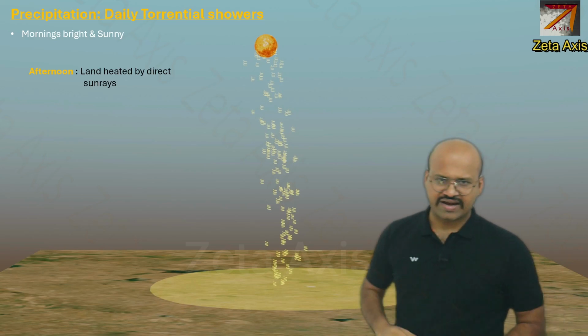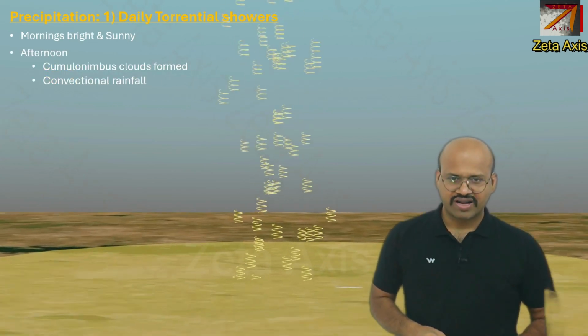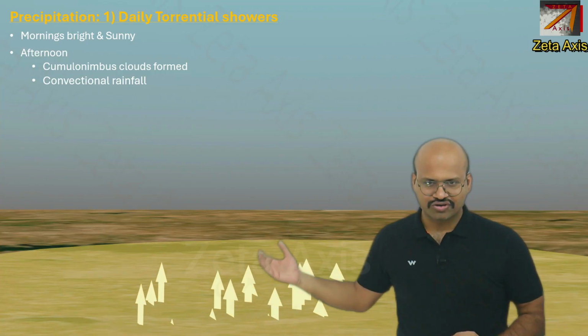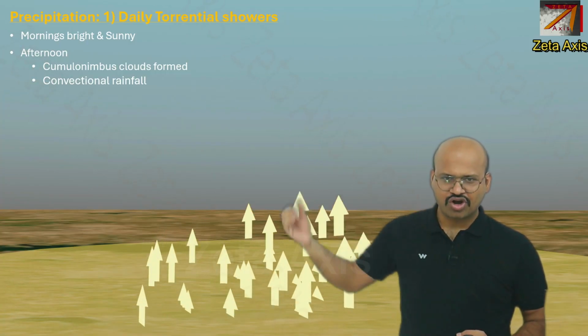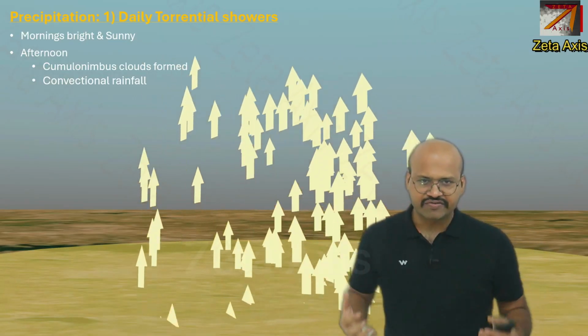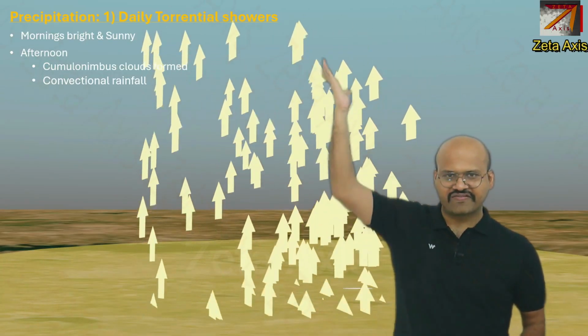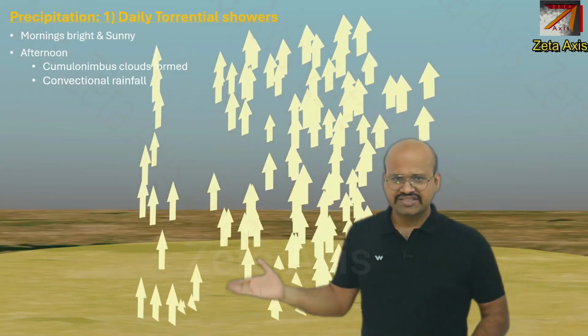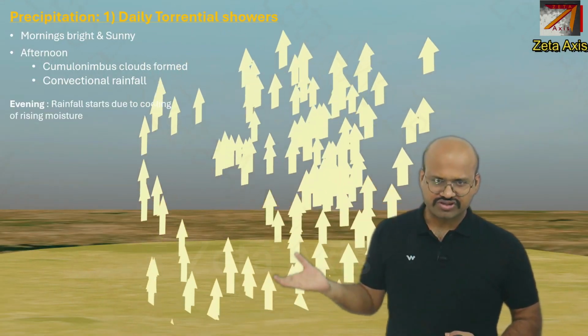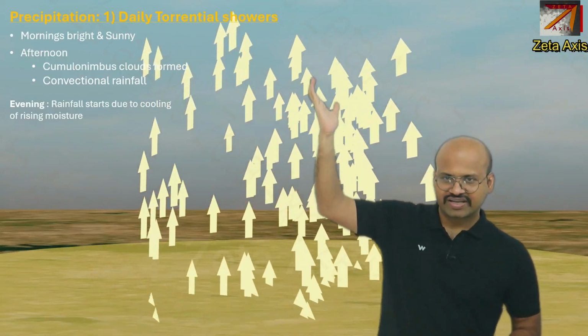Now once this land gets heated, what will happen? The air will receive the heat and it will also start to rise up. Because the air closer to the land has got heat from the land, it will start to rise very fast. And as it rises, it carries moisture with it. This moisture carried along with the air starts to form cumulonimbus clouds.